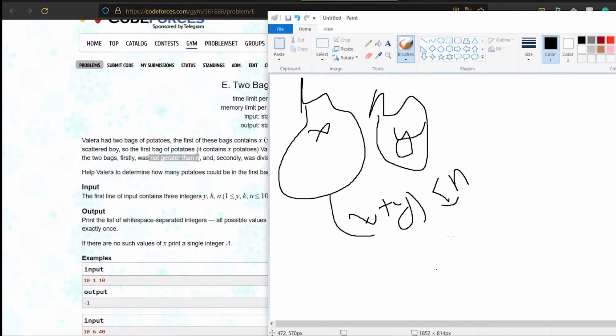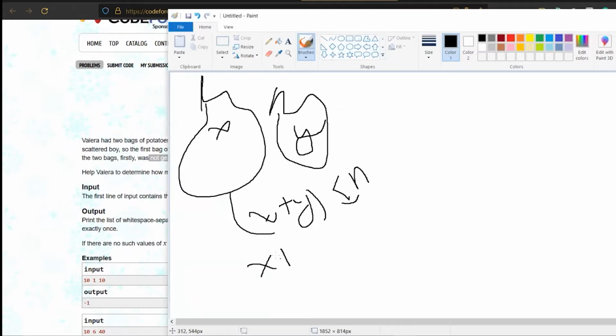You tell me if you're getting lost anywhere, I'll help you out. And secondly, X plus Y was divisible by K, so X plus Y mod K was equal to 0. We know these 2 statements for a fact.